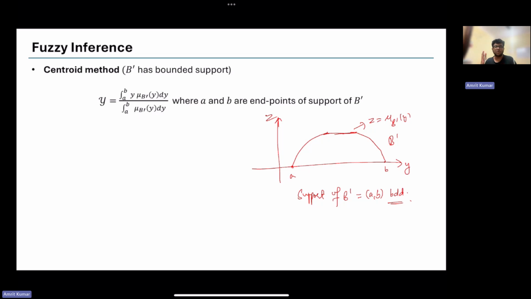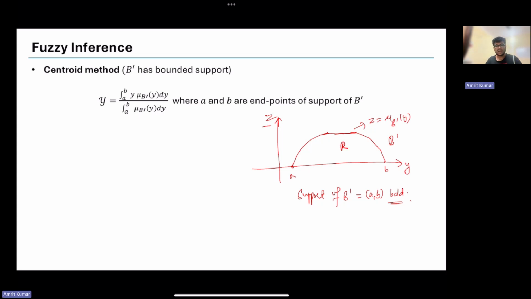Therefore, I'm calling the vertical axis the Z axis. The support of B dash is A comma B, which is bounded, and this is the graph of the membership function of B dash. Now let us look at the region subtended by this graph with the horizontal axis. This is our region R.